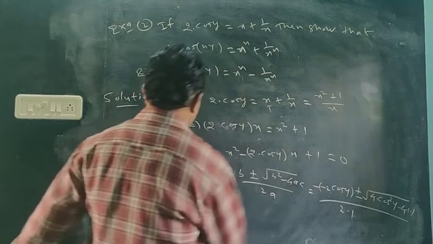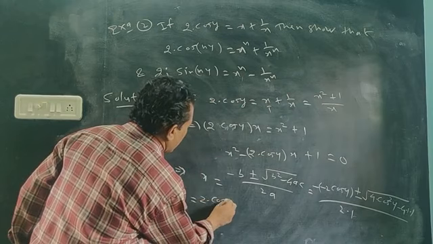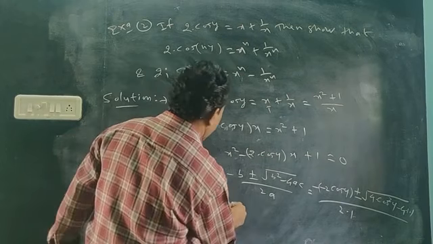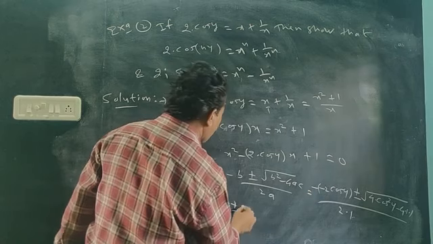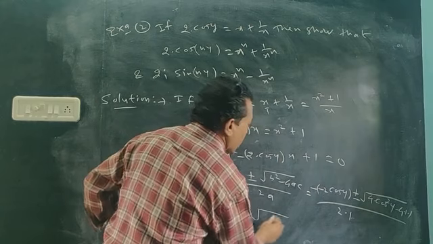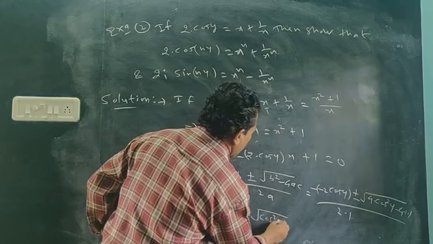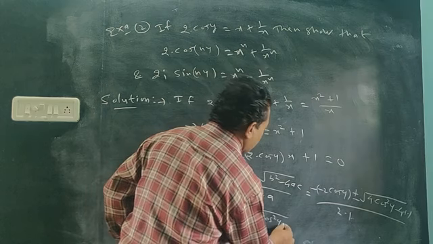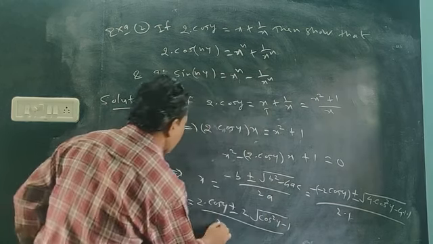So 2 cos y plus or minus the root of 4 cos square y minus 4. Four is common, so 2 comes outside the root. Remaining cos square y minus 1.